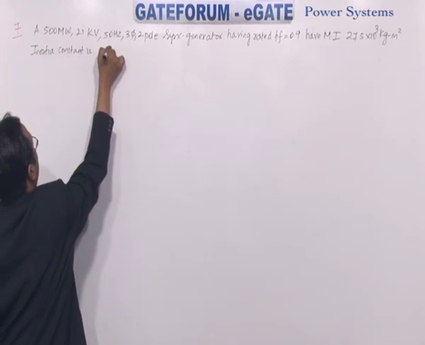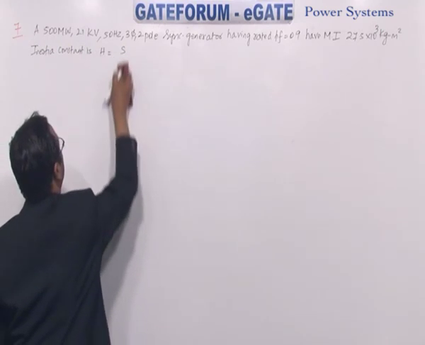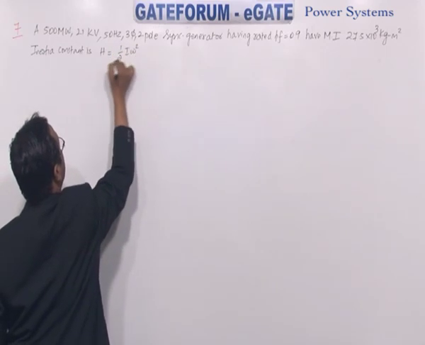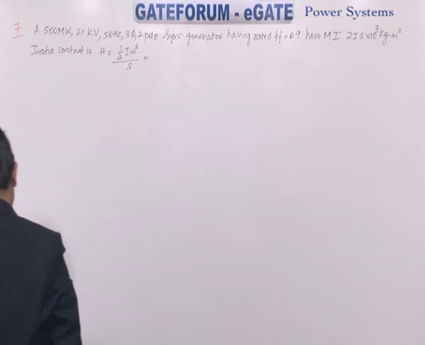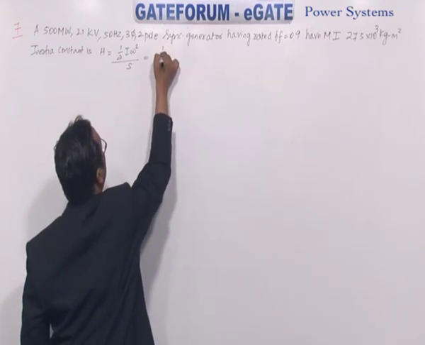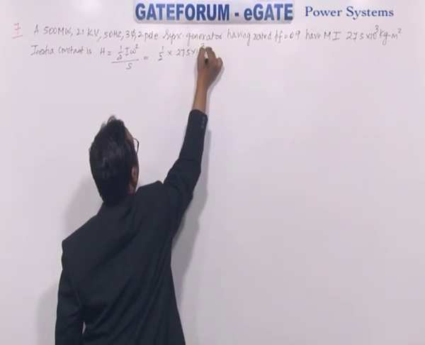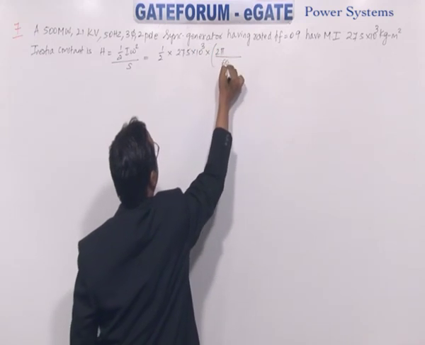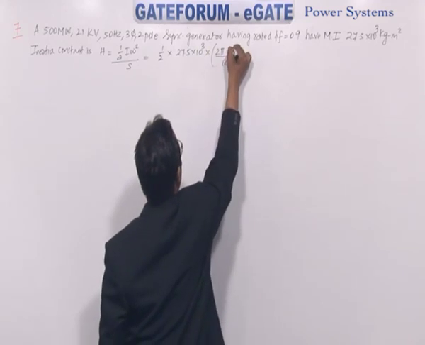So you know the formula for H: the energy stored by the rotor, half I omega square by S. Now you substitute the values. Half into moment of inertia 27.5 into 10 cube. Omega is 2 pi n by 60. N is 120 F by P, you get 3000.